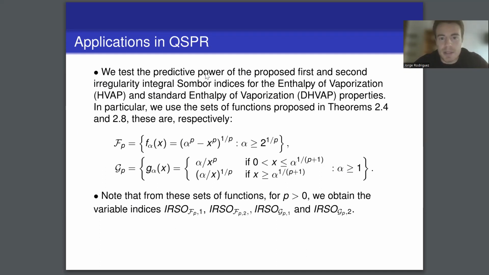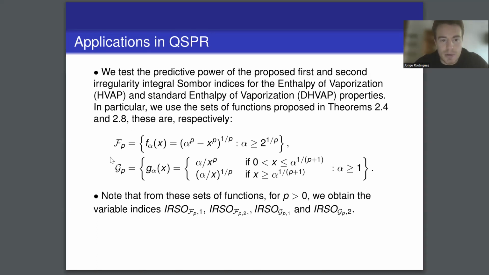We are going to test the predictive power of the proposed first and second irregularities on board indices for the enthalpy of vaporization and the standard enthalpy of vaporization. In particular, we're going to use the set of functions proposed in theorems 2.4 and 2.8, which we saw before.